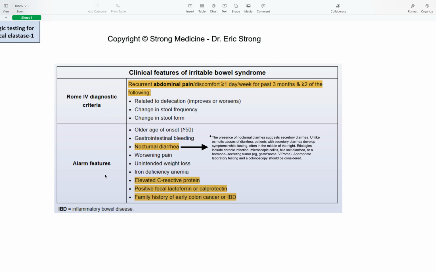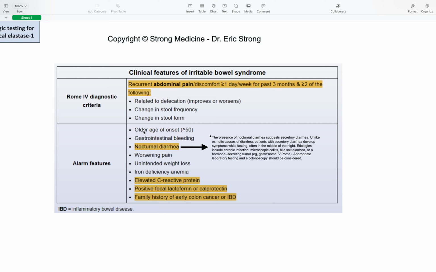So alarming features, and you don't usually see these in irritable bowel syndrome. If these alarming features are present, you need to work up further for other causes of diarrhea or bowel disorder.